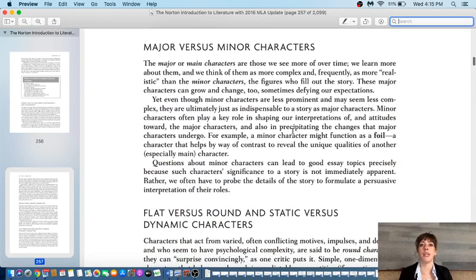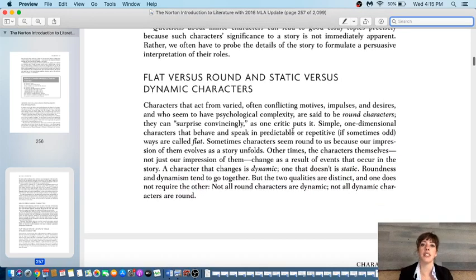Read this part about major versus minor characters. It's not hugely important, and we're not going to go over it, but it's exactly what it sounds like. However, it's important to note that minor characters are necessary to really fill out a story, especially when we talk about plot structure and story arc. Flat versus round and static versus dynamic characters, that's just what it sounds like.